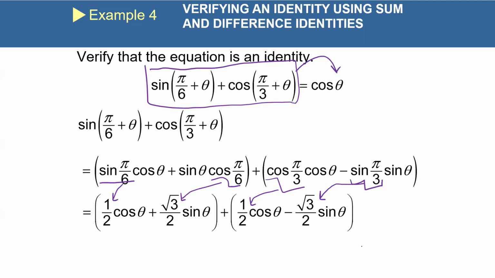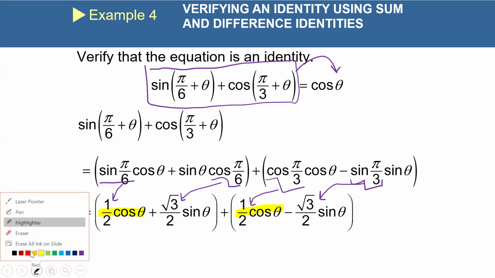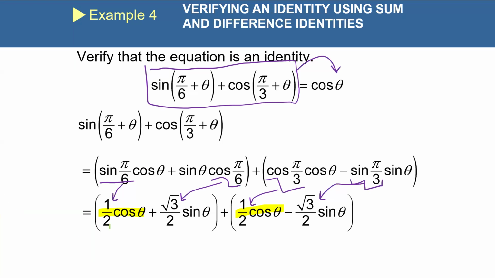Okay. After I do that, I'm now going to combine like terms. Our first set of like terms is going to be our cosine. So we have 1/2 cosine plus 1/2 cosine. And then we're going to combine our sines. We have positive square root of 3 over 2 combined with negative square root of 3 over 2.